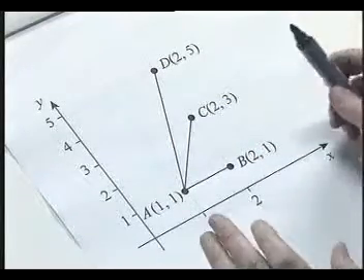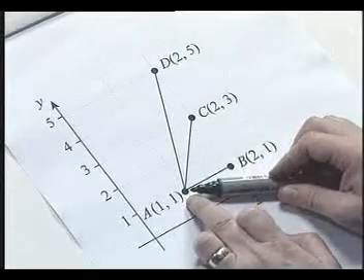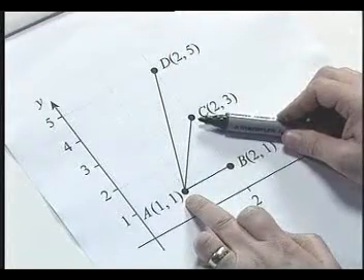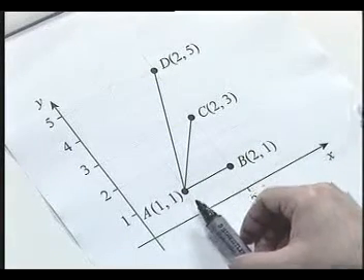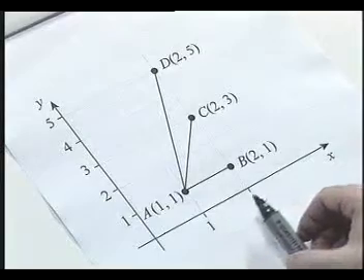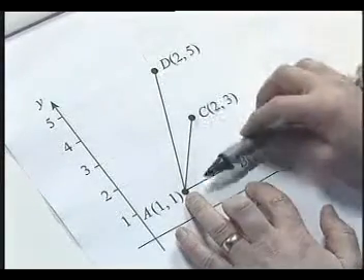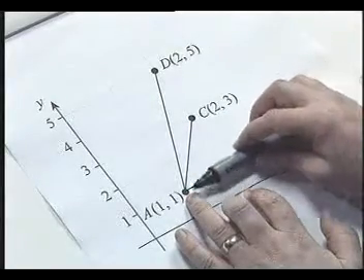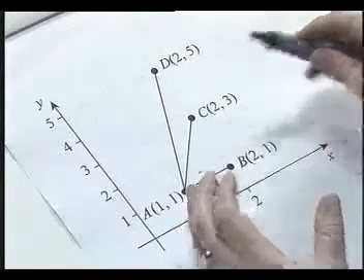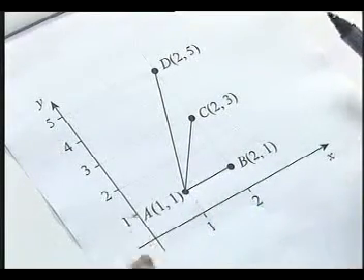Let's try and think about why, mathematically, the line AD is steeper than the line AC. And the reason for this is that in both cases, our x-coordinate is changing from 1 to 2, but as we move from A to D, there's a much bigger change in y than if we move from A to C. So it's this relative change in y, relative change in x that's going to be important.